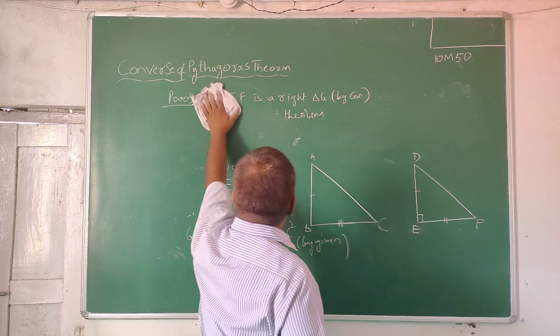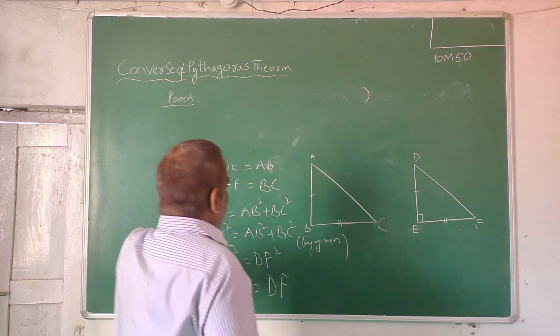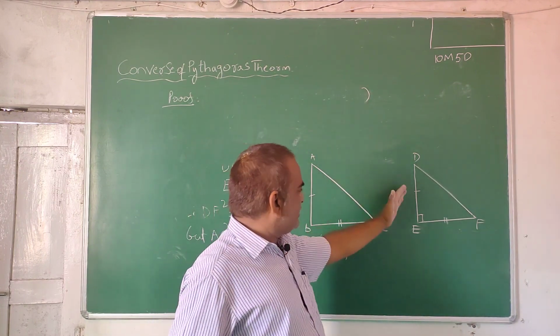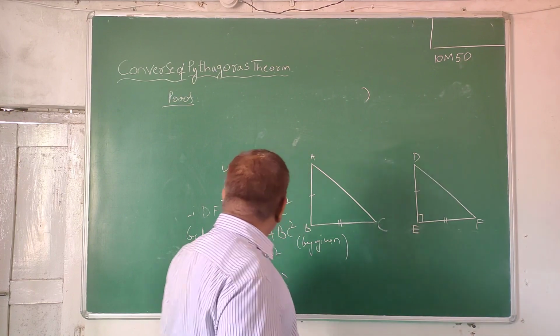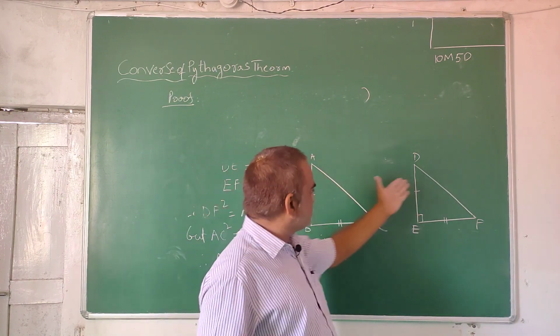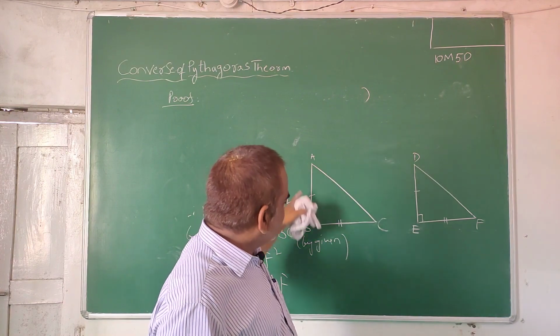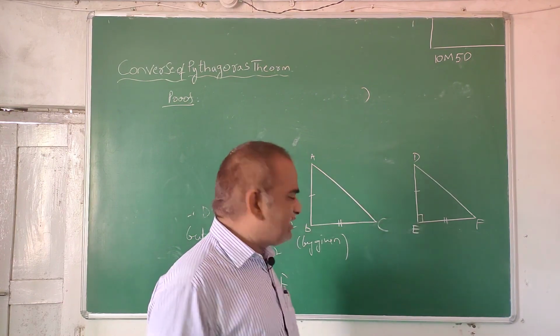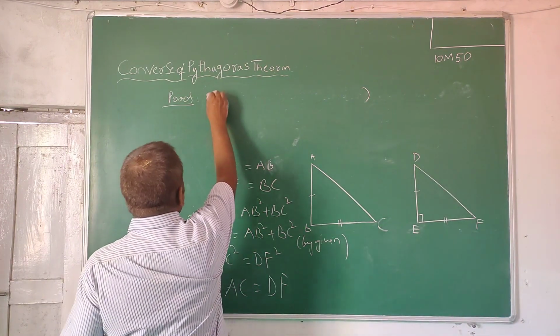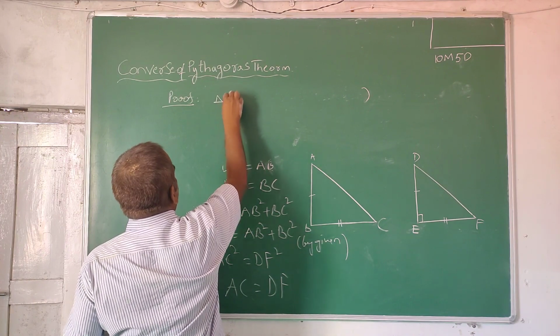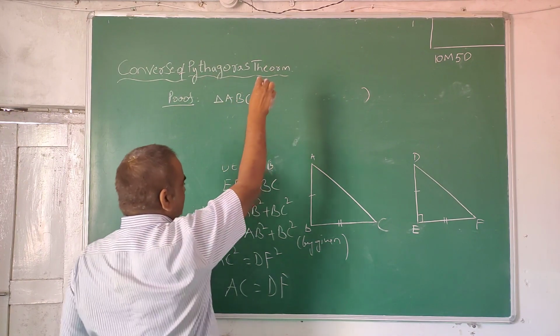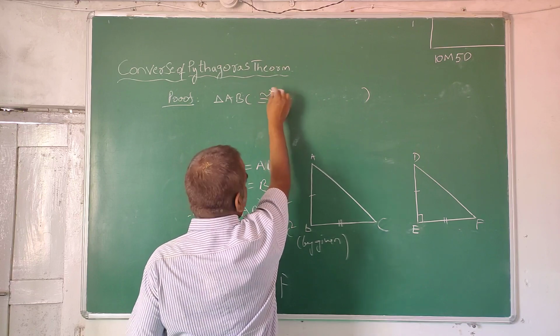Now, dear students, by construction these two are equal and these two are equal, and we have worked hard to prove that these two are equal. So finally, the three corresponding sides are equal. Therefore, the two triangles become congruent by the SSS congruency criterion.